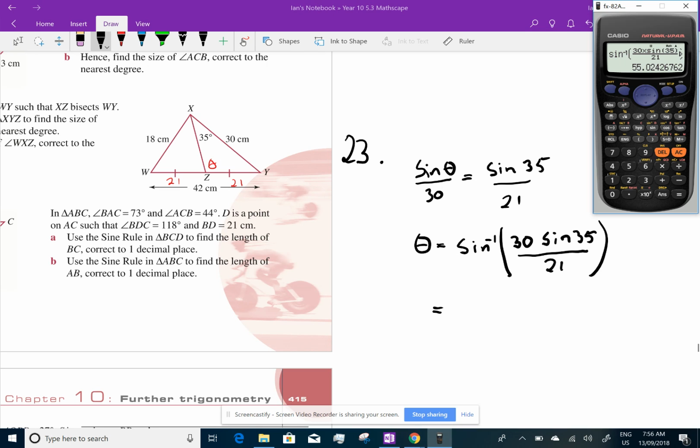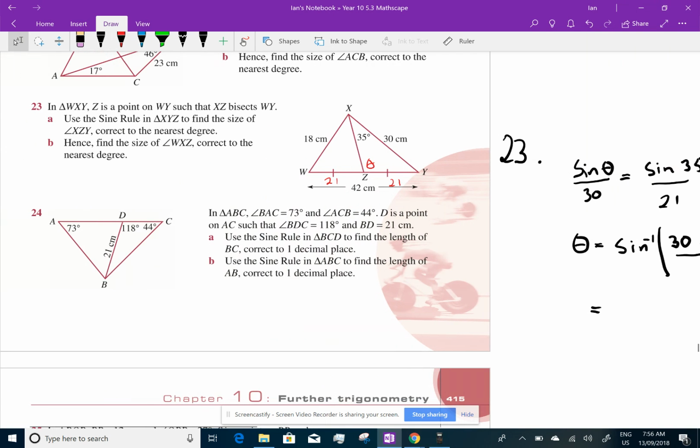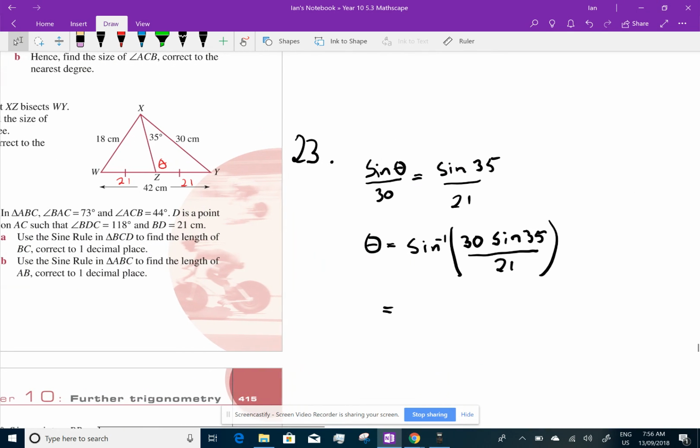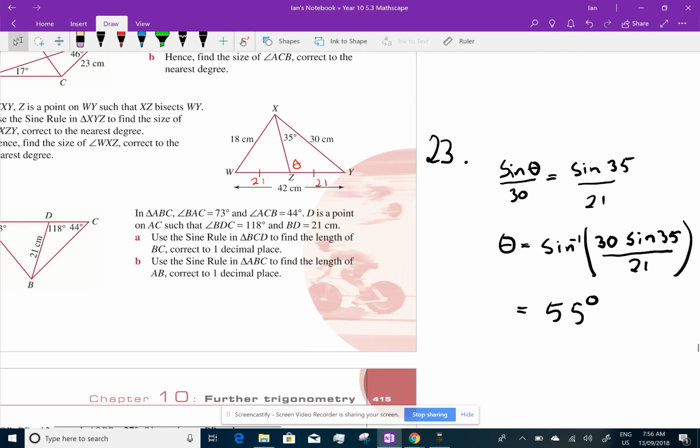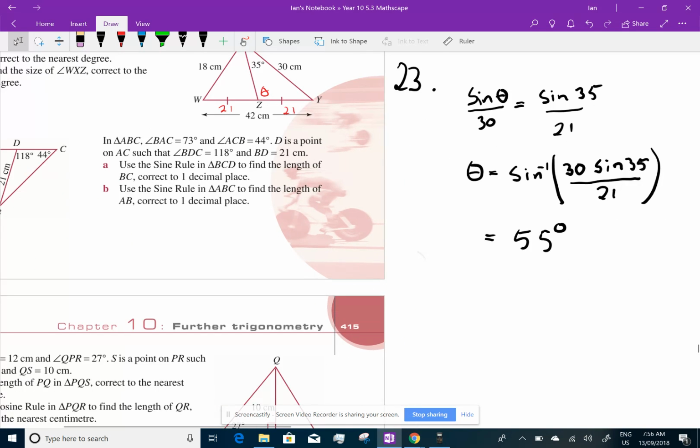Now 55 degrees, what do they want it to? Nearest degree. 55 degrees. When I look in the answer and I look at 23, they get 125. And now I need to think to myself, oh, look, it's obviously obtuse. It looks like a duck.